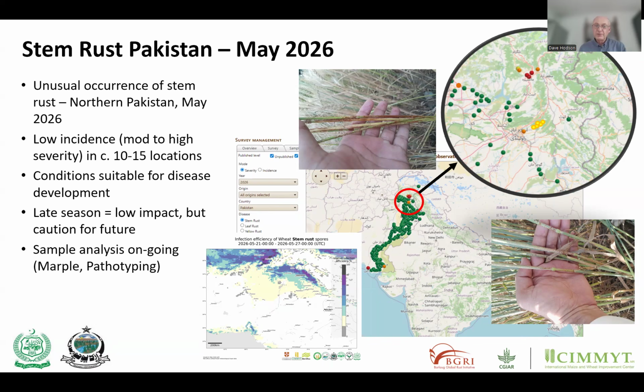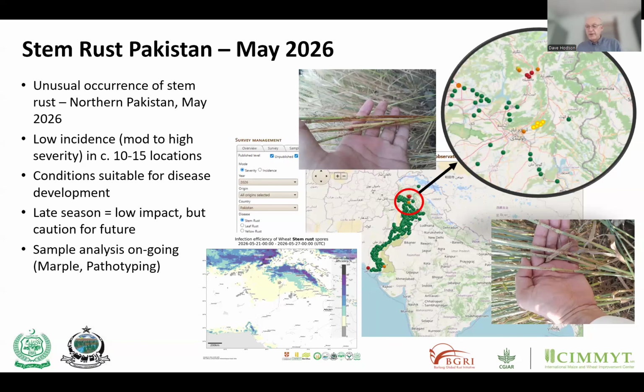Conditions are very suitable for disease development. Now it's late season, so I suspect it's going to be pretty low impact overall. But again, it's a caution for the future. Sample analysis is ongoing, so we don't know the race or races that might be involved in this occurrence.